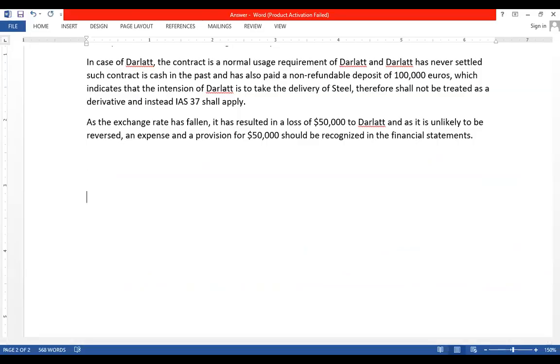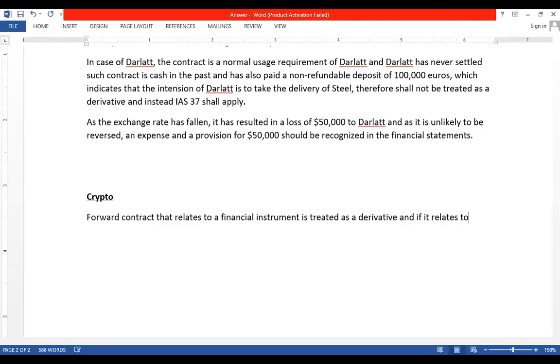So if I go and if I write the answer of crypto, we are going to say that forward contract to buy a financial instrument, forward contract that relates to a financial instrument is treated as a derivative.